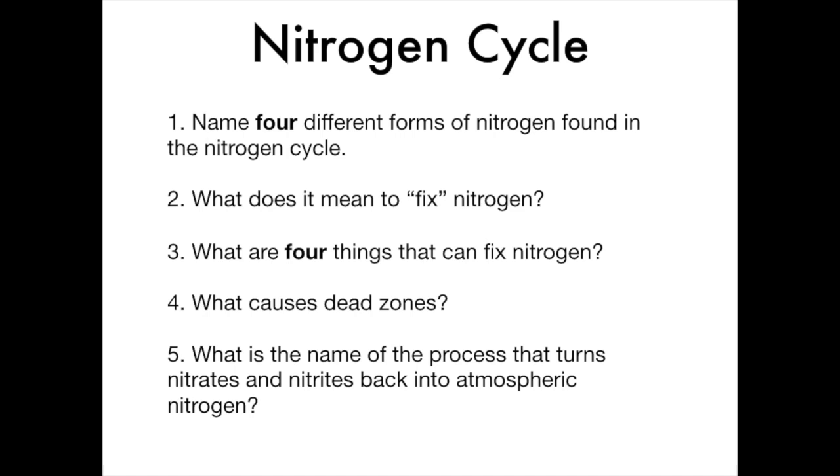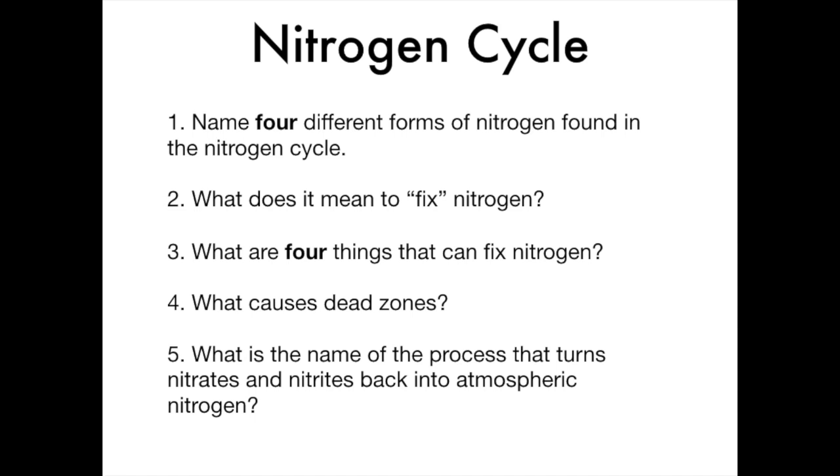So last set of questions that go in your notes. For the nitrogen cycle, I want you to answer these 5. The first one is to name the 4 different forms of nitrogen found in the nitrogen cycle. 2 of those go together. For number 2, what does it mean to fix nitrogen? What is nitrogen fixation? What does it do?